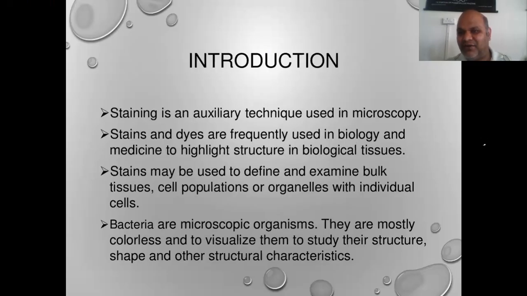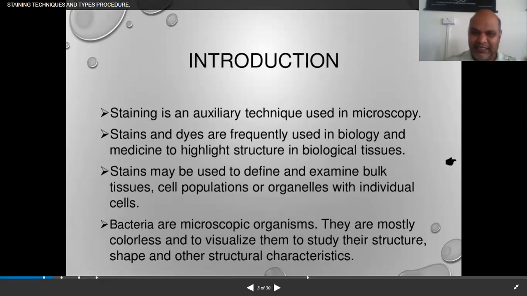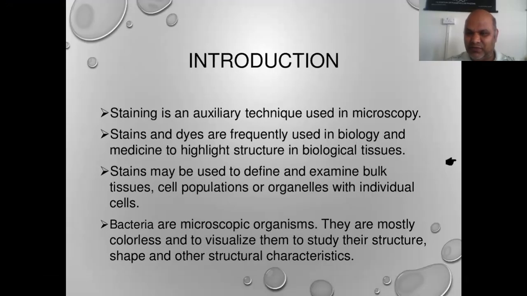So in a particular colony, we can see various differently colored colonies. Okay, that is only due to the differential staining. So staining is a technique which we generally use to observe the microorganism.